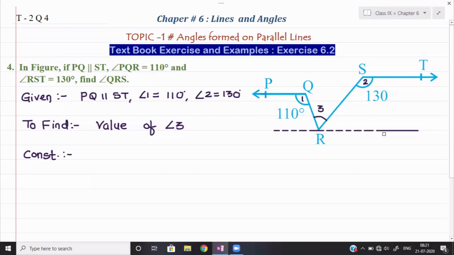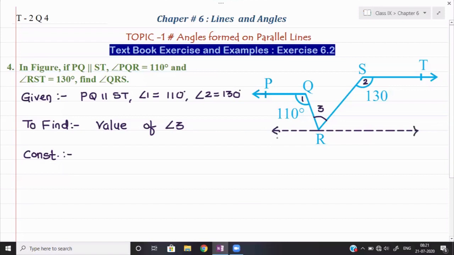Now we will proceed further. First of all, we shall name the line. It is not actually a line, it is a ray we are making, as PQ and ST are rays. So we shall close its endpoints by arrows, and give it a name.